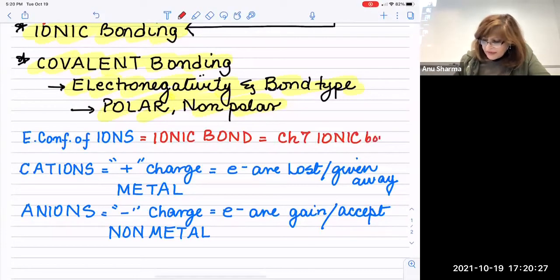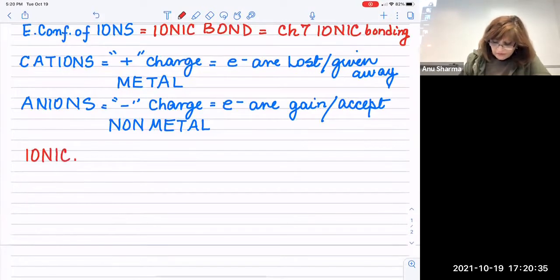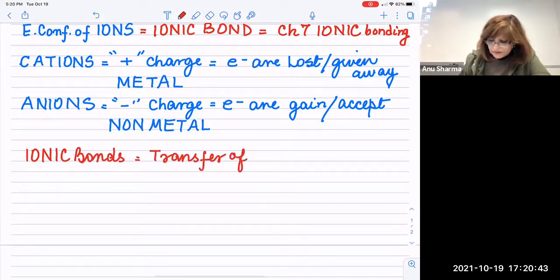So ionic bonding is when the electrons are transferred. So the ionic bonds are formed by the transfer of electrons. Okay, transfer of electrons. So either lost or gained. So transfer of electrons, and the driving force behind it is the octet rule.